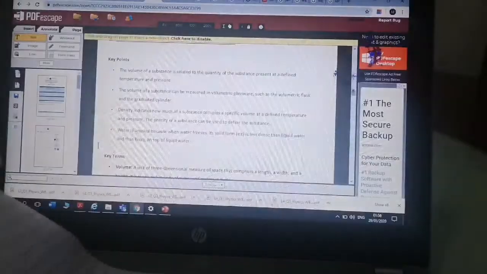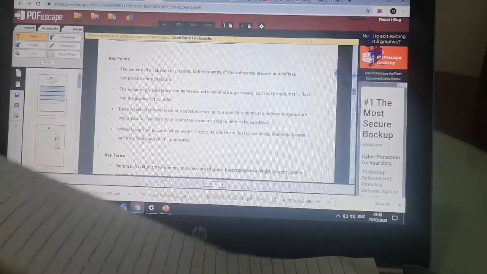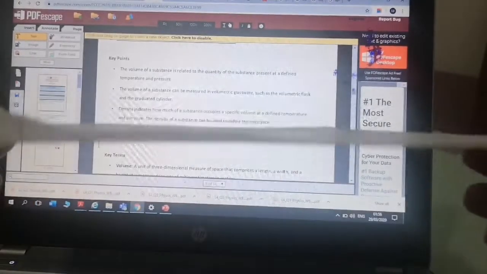So it has some mass, and it takes up some space in the air. If the paper is there, the air cannot be there. You can't have both in the same place. It's taking up space. That's what volume is, the space that the object takes up.